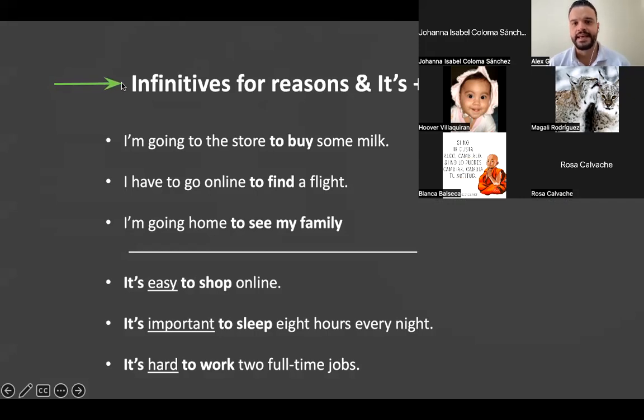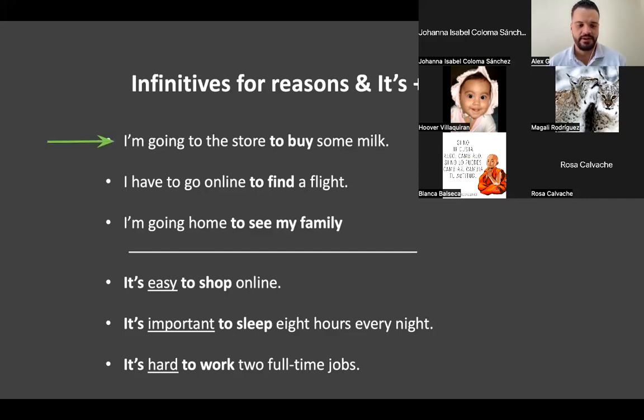Infinitives for reasons and it's plus adjective. Here we have something very interesting. Joanna, can you read the example here? I'm going to the store to buy some milk.